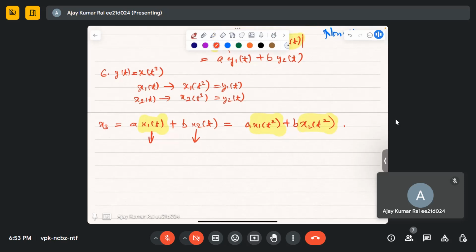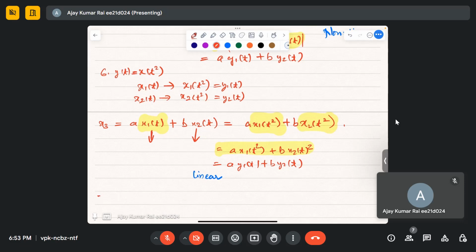And for linearity, what you have to write is y1, a x1(t) square plus b x2(t) square, which is also equal to a y1(t) plus b y2(t). And these two are equal. So this is also linear.